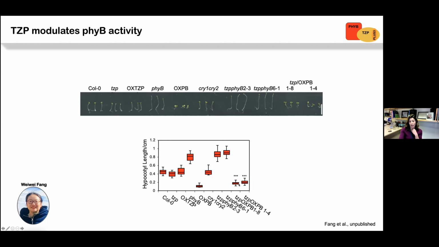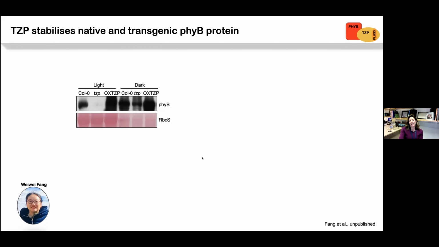So you can see very, very short hypocotyls in red light, but when you overexpress phyB in a TZP knockout, you can see that you can partially affect phyB activity, and the hypocotyls are more elongated compared to the phyB OX. And we wanted to see why is this happening?